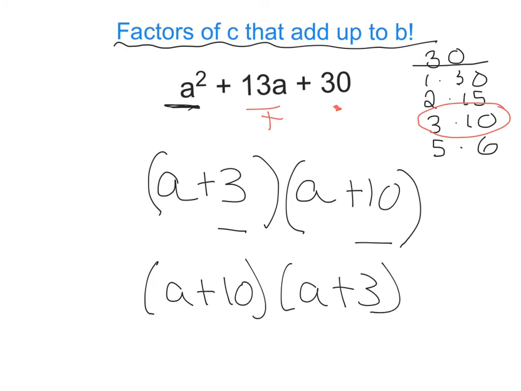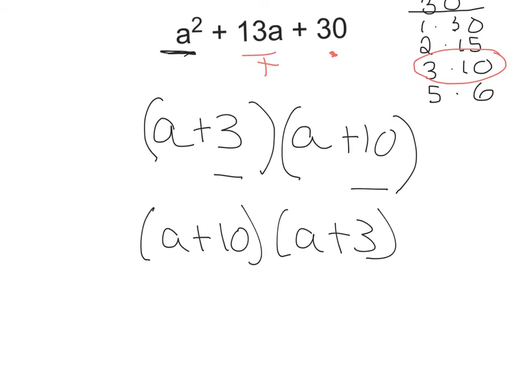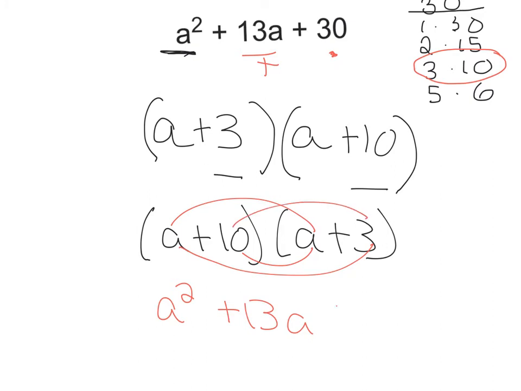And you can always check your answers. If you were to FOIL this, a times a is a squared. Outside and inside would be 3a and 10a, giving us 13a, and last is 30. So to check these, all you have to do is FOIL them and make sure you get the original answer.